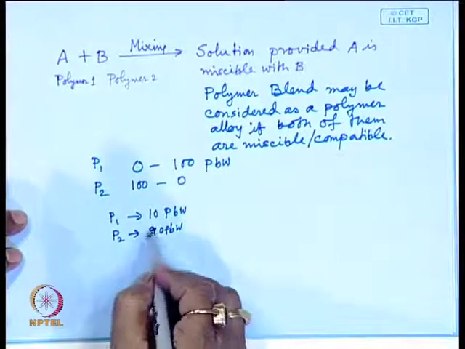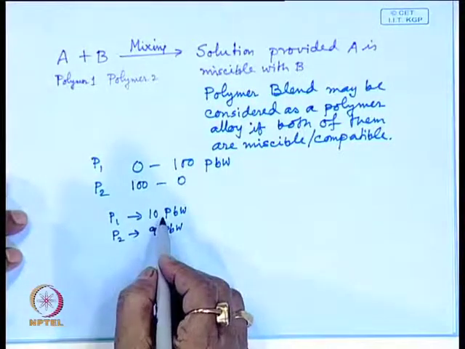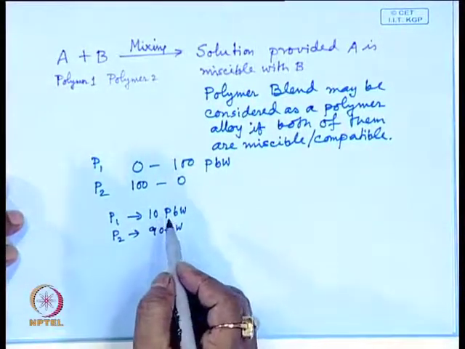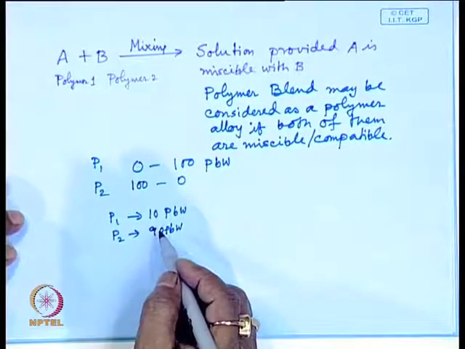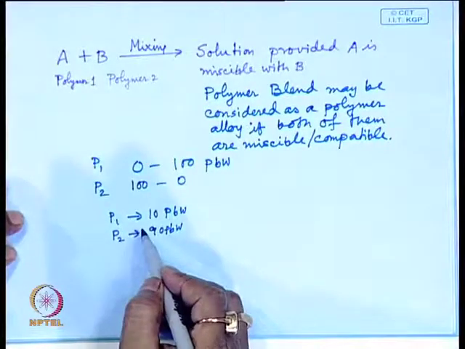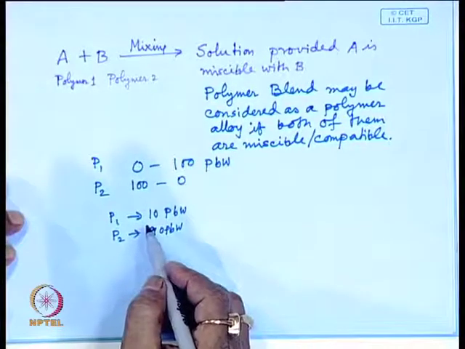Beyond 10 parts of P1, it will separate into phases. That will be a two phase system. That means, some new phase boundaries will be created, one phase of polymer 1 and another phase of polymer 2. That is, we cannot say that beyond this 10% of P1 it is miscible. So, we can say it is an immiscible blend.